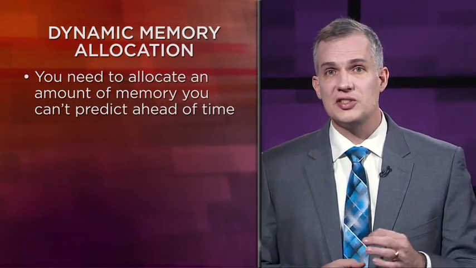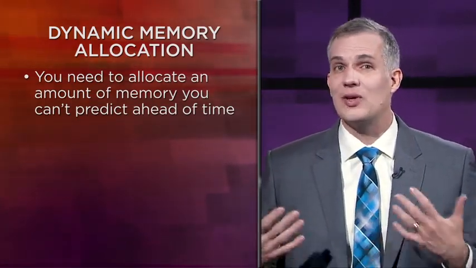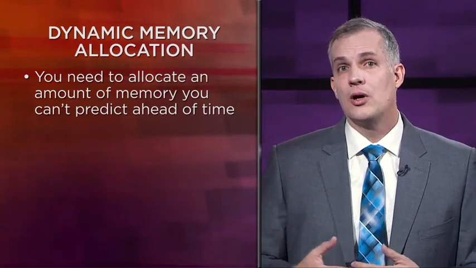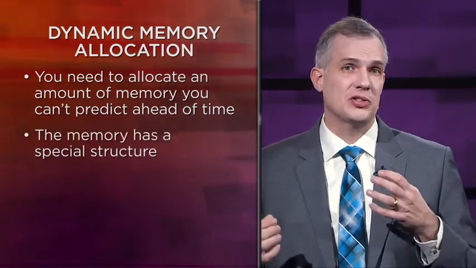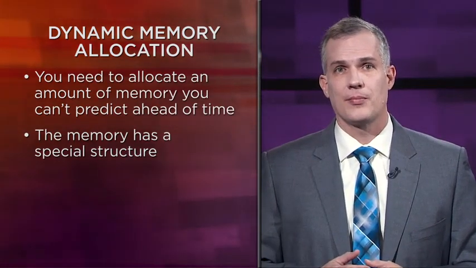Dynamic memory allocation has its pros and cons, but sometimes it's the only way to get things done. Dynamic memory allocation is also something you need to keep in mind if you need to allocate an amount of memory that you can't predict ahead of time, or if the memory has a special structure like the binary tree that we used in the 20 questions game.